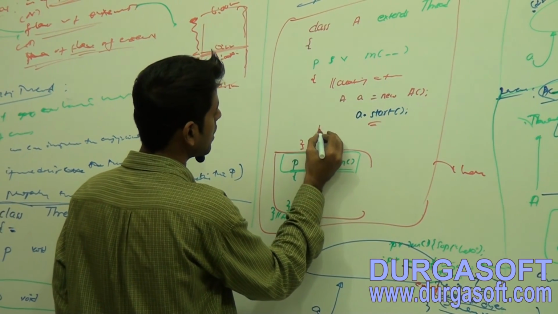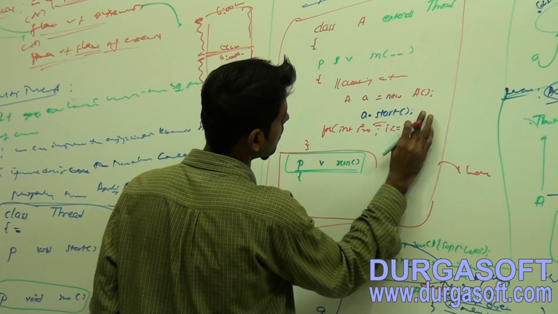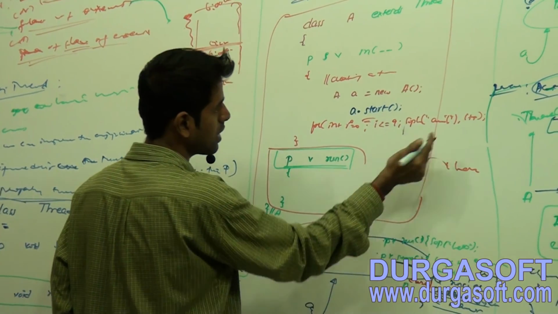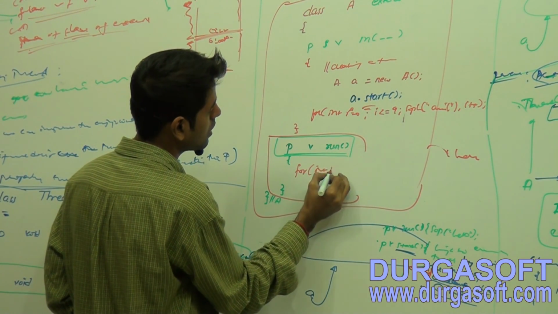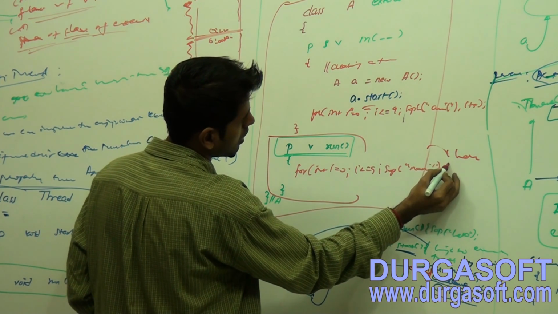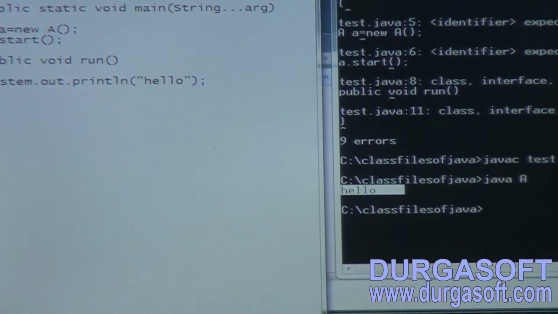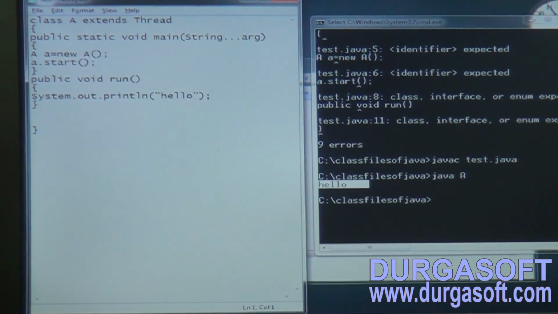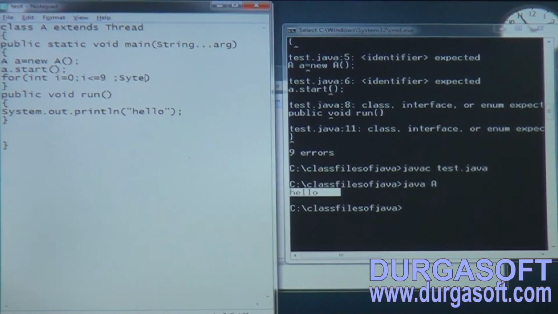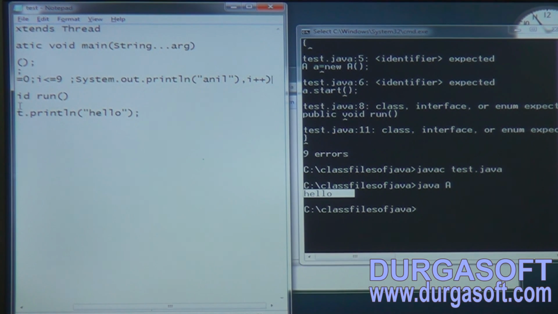Here maintain one for loop: for int i = 0; i <= 9; System.out.println Anil, i++. In the earlier code, for int i = 0; i <= 9; System.out.println Nani, let it be i++. Now let's see what will be the output.